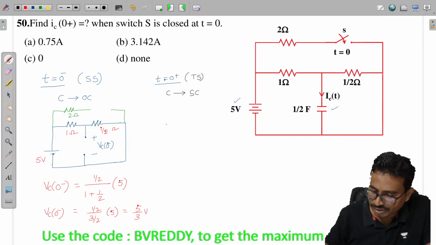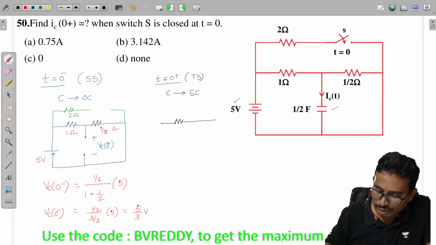And now redraw the circuit. The switch is closed now here. In this case, switch is closed.